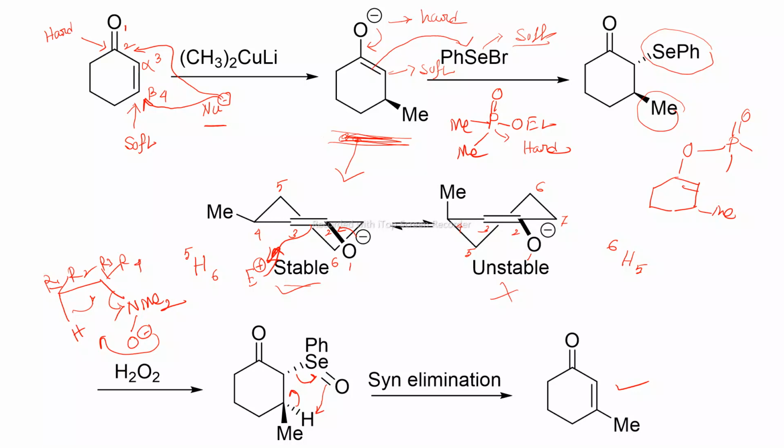There will be some alternatives where this question will come. This one is for addition and elimination. So if we use selenium oxide, then also syn elimination; NMe2, that time also syn elimination. So we have to use H2O2. Okay. In some papers there will be H2O2 or PhCO3H.